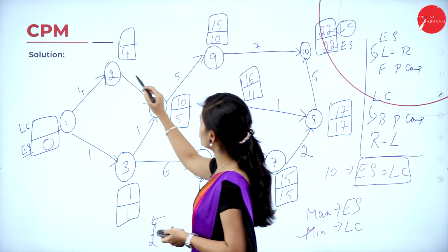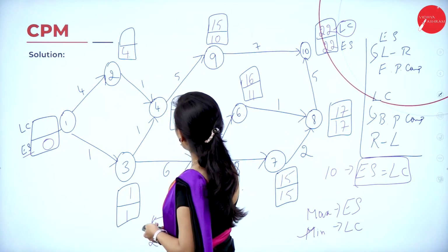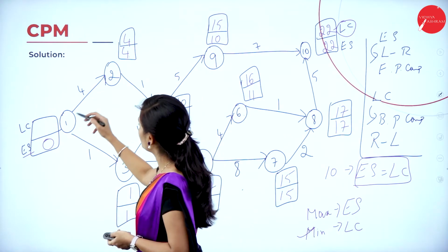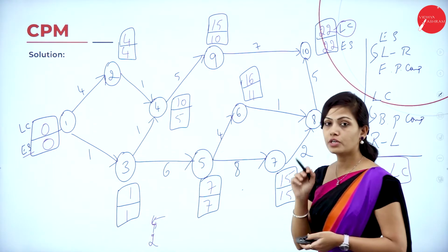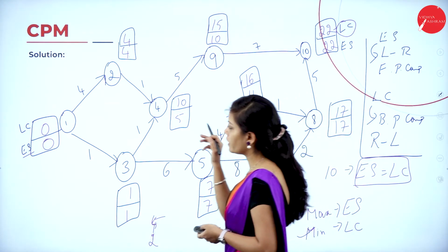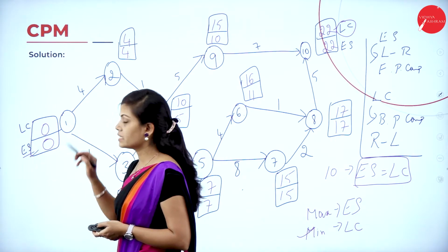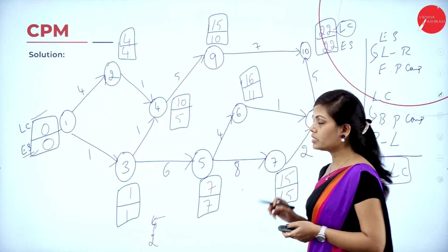And for node 2, you have 4 to 2, that is 5 minus 1 is 4. And for node 1, 4 minus 4 is 0. The first node value is always 0. The initial value is 0 for the earliest starting time, and for the latest completion time, the initial value is also 0.